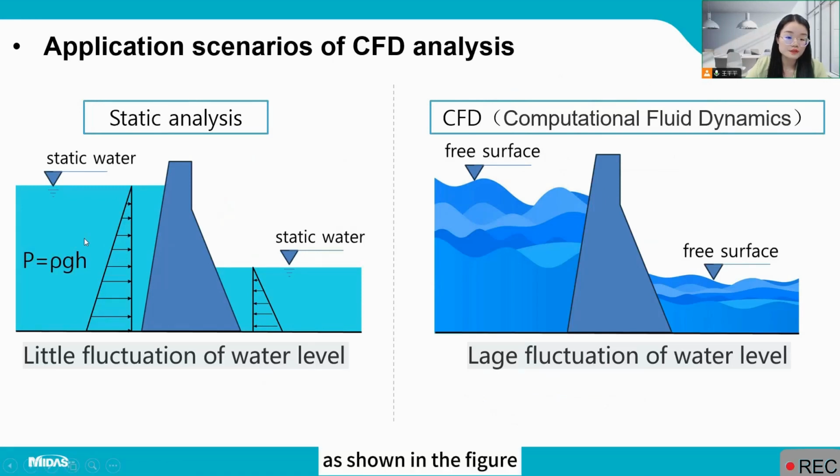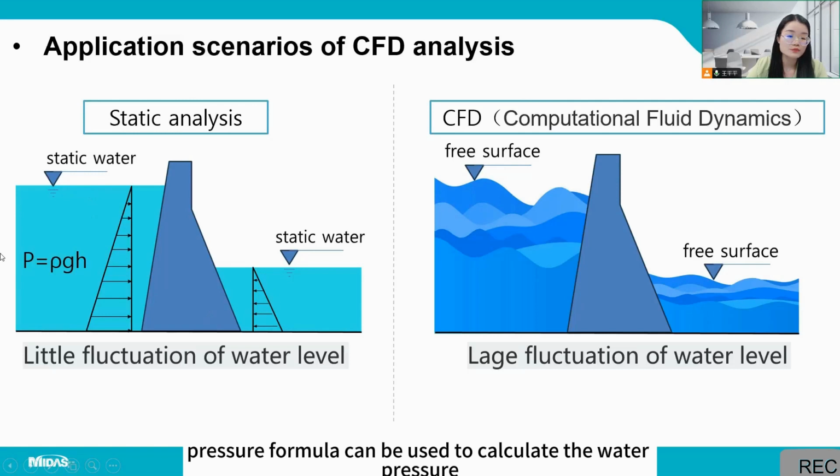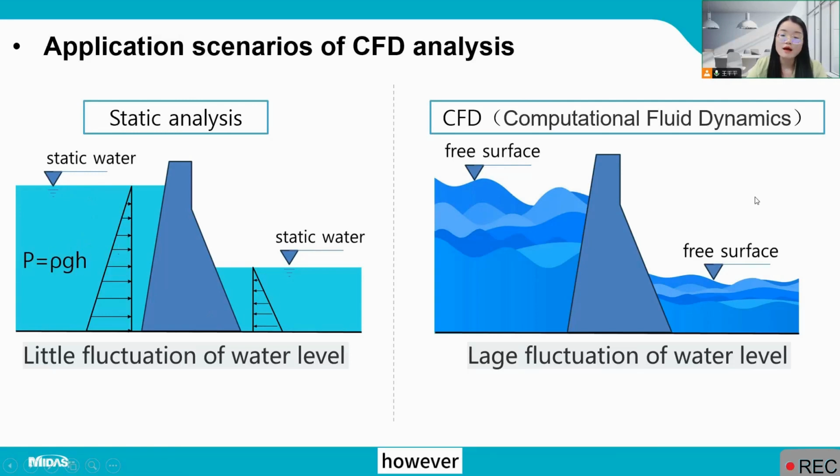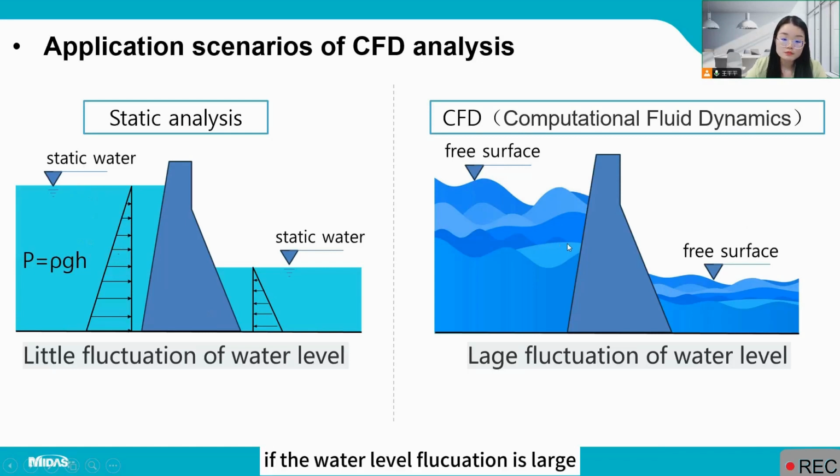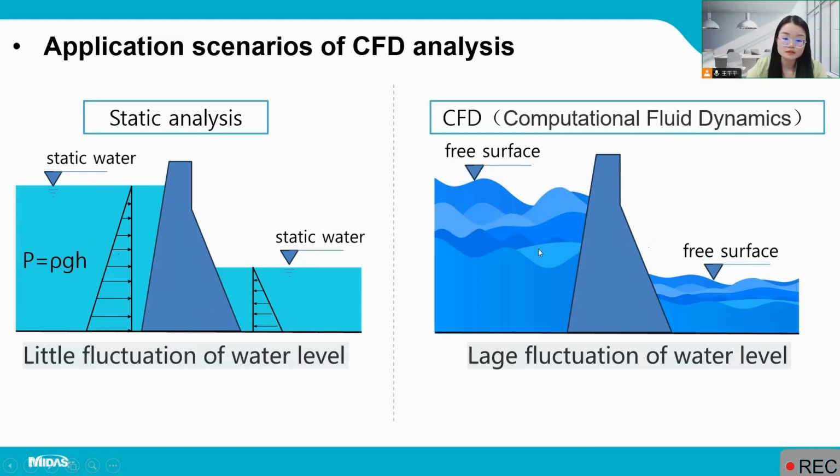As shown in the figure, if the water level fluctuation is small, the hydrostatic pressure formula can be used to calculate the water pressure. However, if the water level fluctuation is large, empirical formulas cannot be used. At this point, the CFD method needs to be used to calculate the free surface.